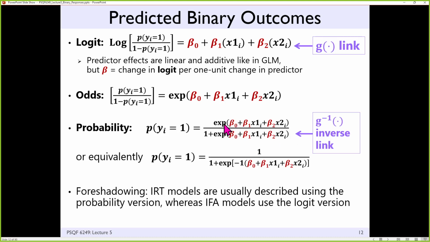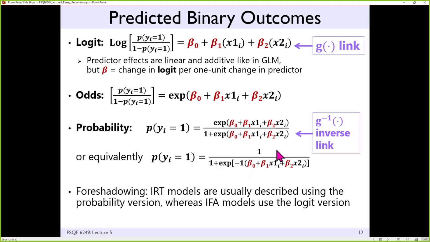And so this idea of e to the prediction over 1 plus e to the prediction, this is my inverse link function. How do I get out of logits, which is the core of this thing here, back into probabilities? And if you want to save yourself some typing, the bottom version is equivalent. The difference is in the -1 right here.